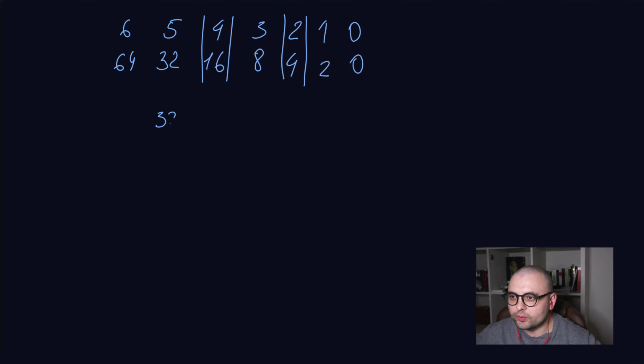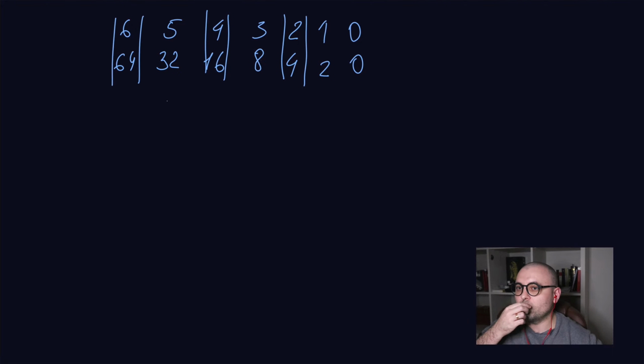So 32 is divisible by 4. It will be 8. But there is no power which we can put here. So 4 power 16. 16 by 4, it's 64. So this would be, and then this would be power 4. So kind of we have a pace, so we'll need to skip 1.